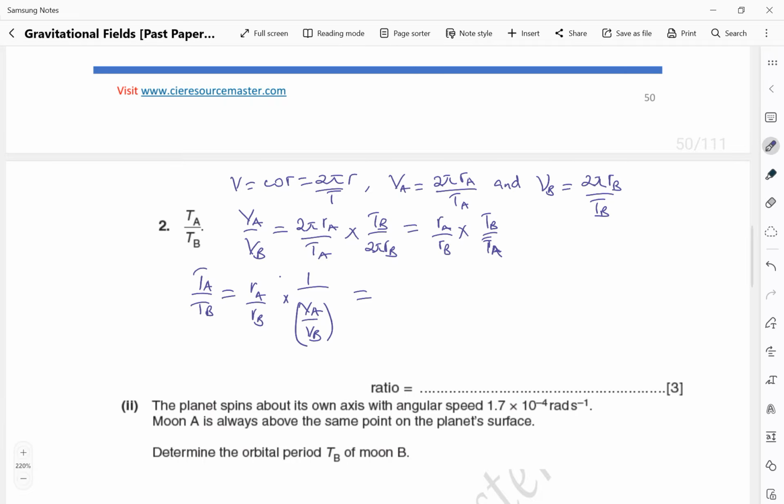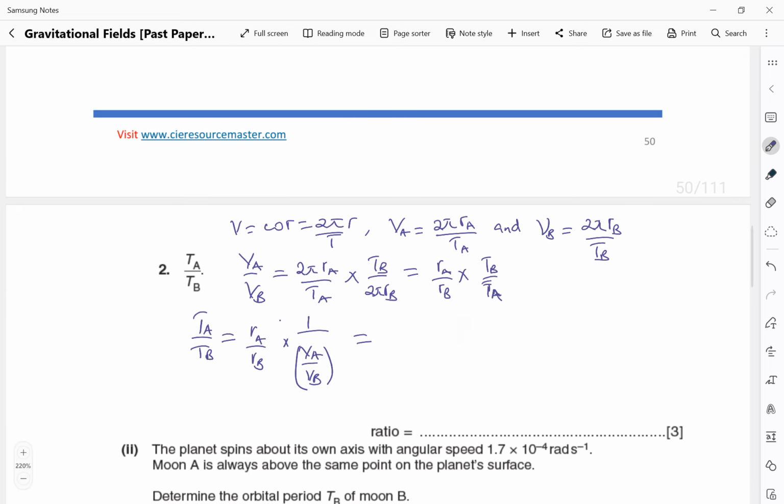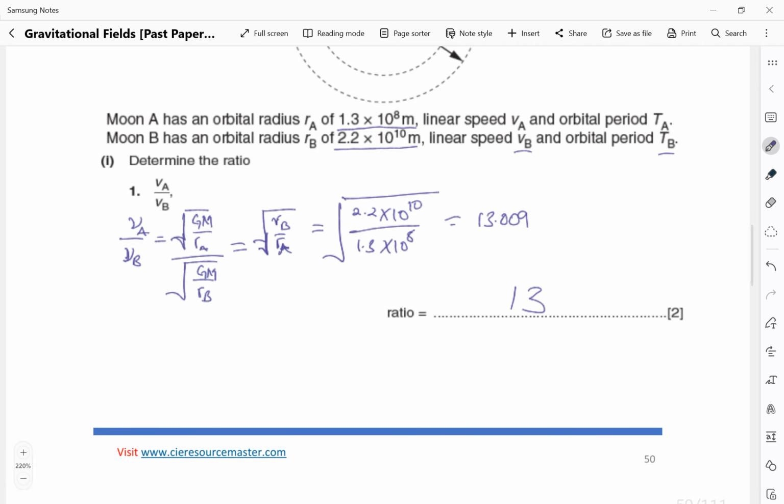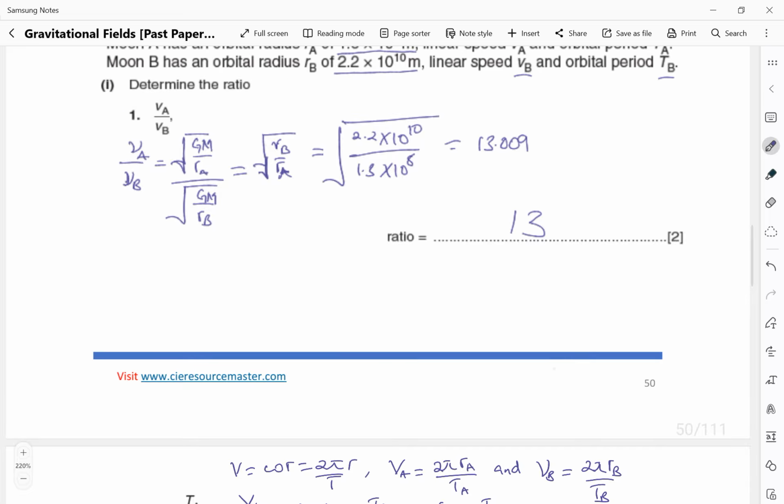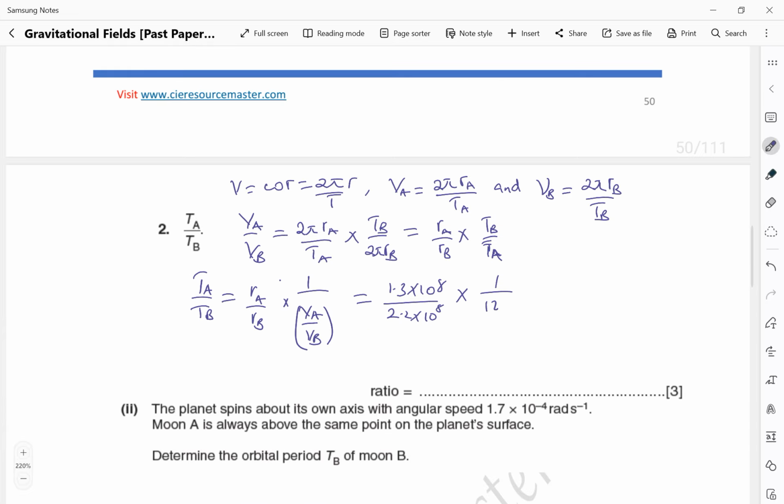So let's just substitute RA over RB. I think RA is 1.3, RB is 2.2. So that is 1.3 times 10 to the power of 8 over 2.2 times 10 to the power of 10, then times 1 over VA over VB, which was 13, so 1 over 13.